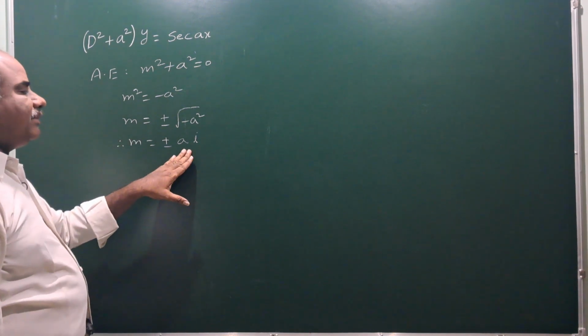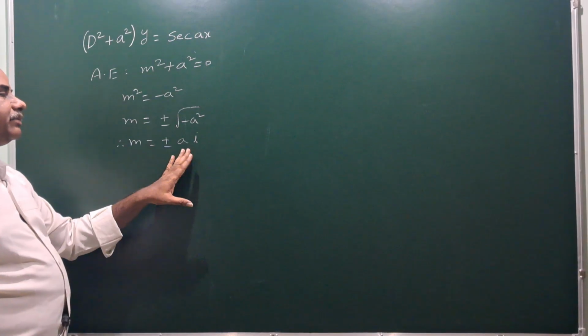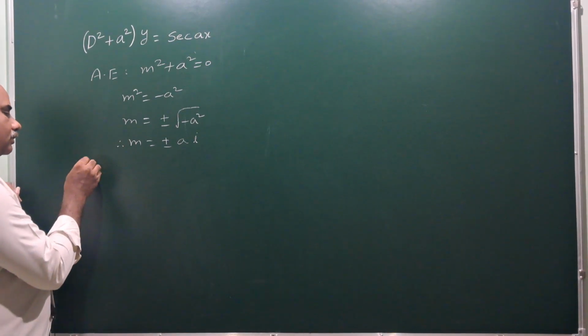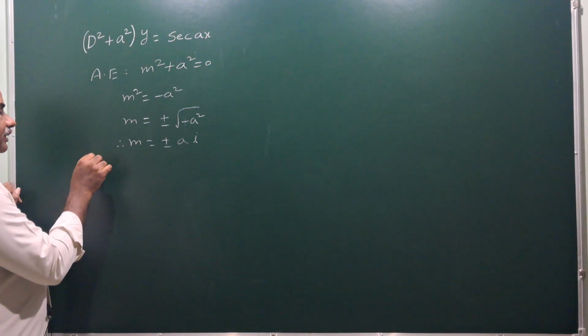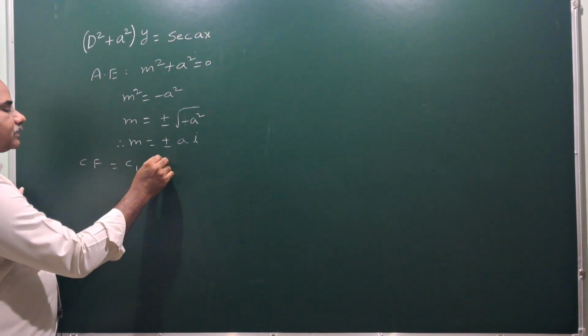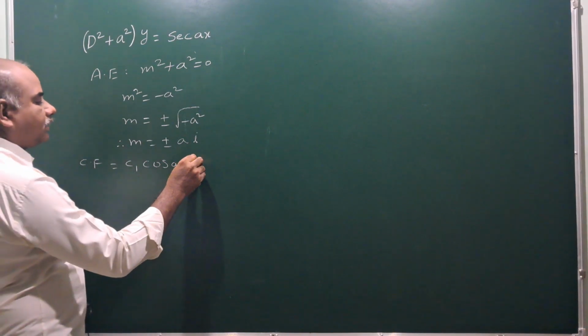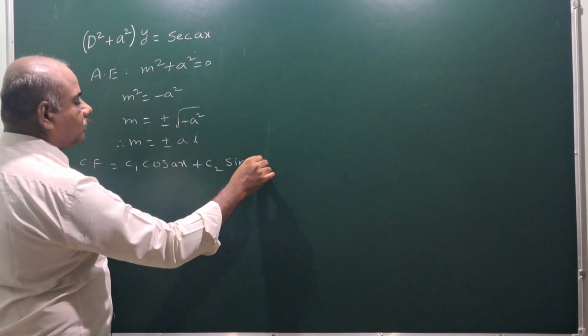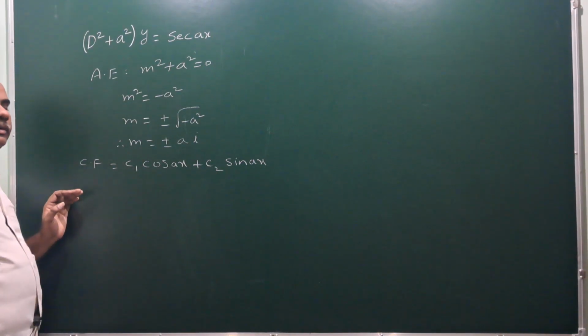We know that these are imaginary roots: +ai and −ai, both are imaginary roots. So for this type of roots, the complementary function is c1 cos ax + c2 sin ax. So this is called the complementary function.